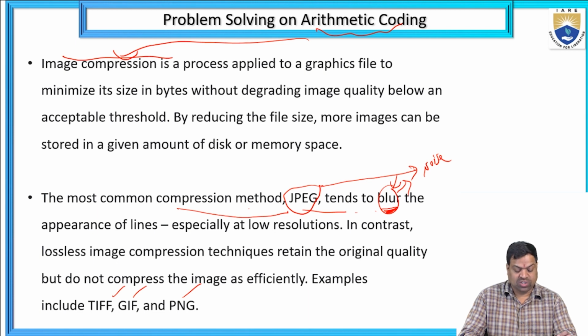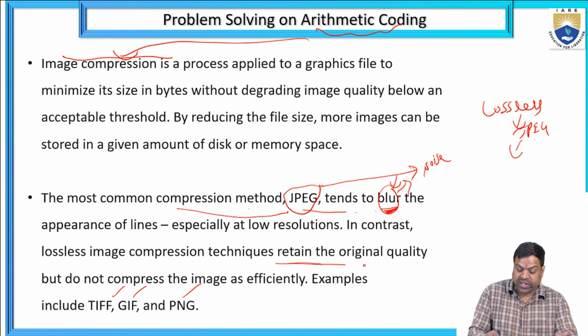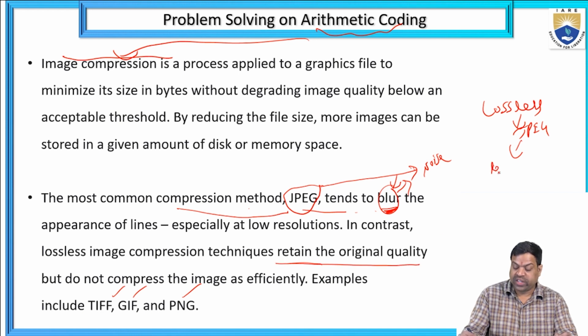In contrast, lossless image compression techniques retain the original quality but do not compress the image as efficiently. If JPEG is lossy and I am taking lossless, then we have to change it, but the data will not be lost. We have to modify it to retain the original quality.